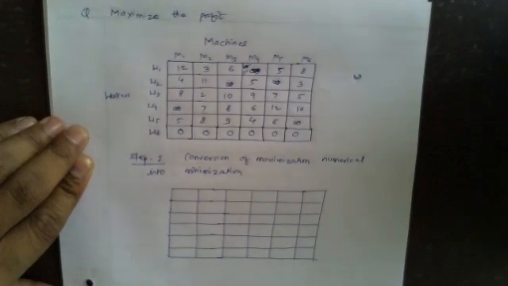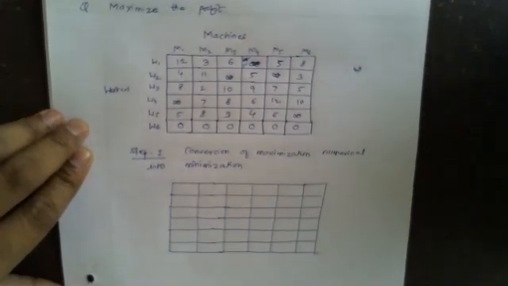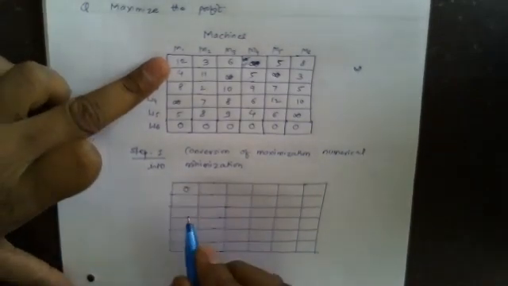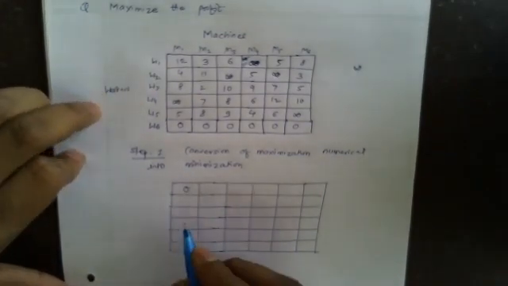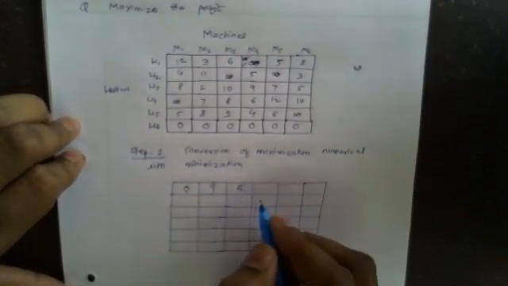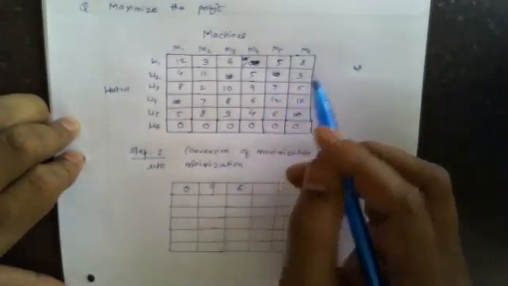We have to subtract all other values from the highest value. So 12 minus 12 gives 0. Next, 12 minus 3 gives 9. 12 minus 6 gives 6. Now here, we don't have to change anything.